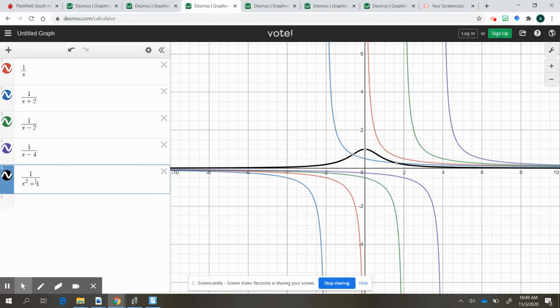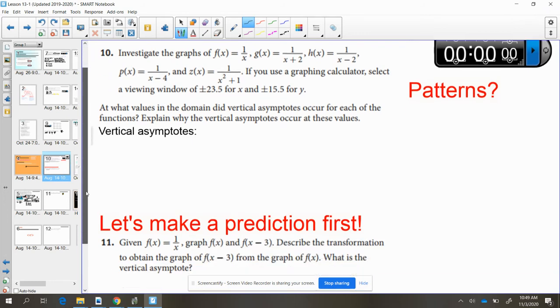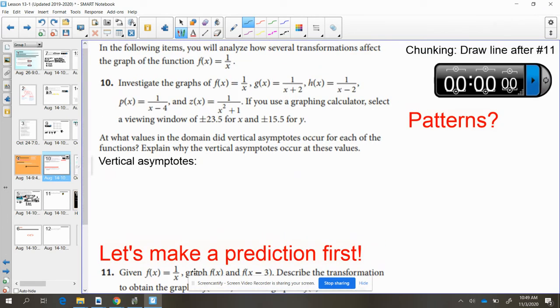And last but not least, 1 over x squared plus 1 doesn't actually have a vertical asymptote at all, interestingly enough. Looking back at our denominator, that's because it can't be set equal to 0, because the solution is imaginary. So it goes back to the idea we discussed in the first lesson, that what's setting the denominator equal to 0 is what determines the vertical asymptote.